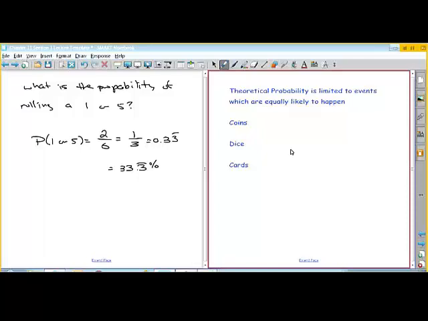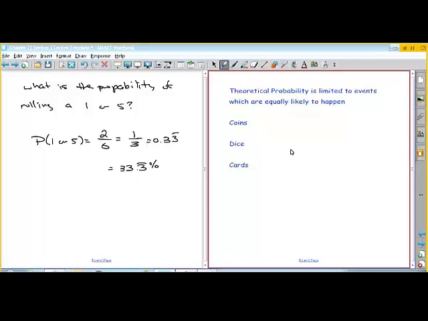In one of the dice games, you add the numbers together. So what's the probability of rolling 2 dice that add up to a 6? That's a little bit more complicated, but it's a random event, and it's equally likely to go on either side as far as the rolling.